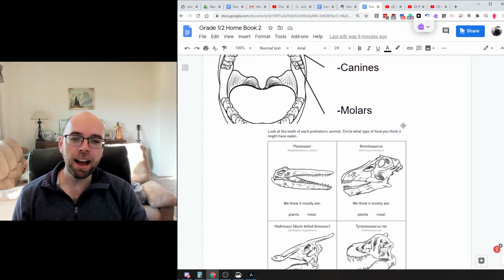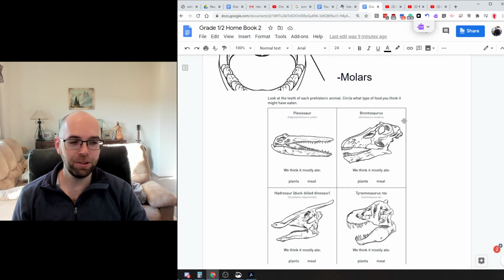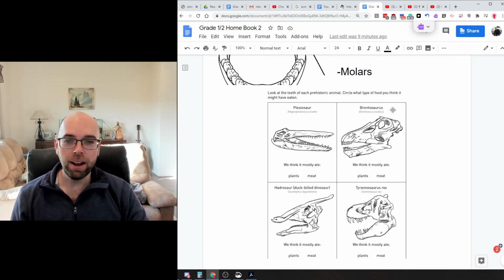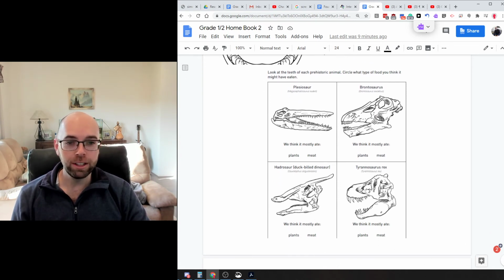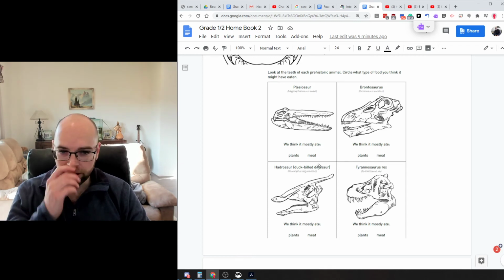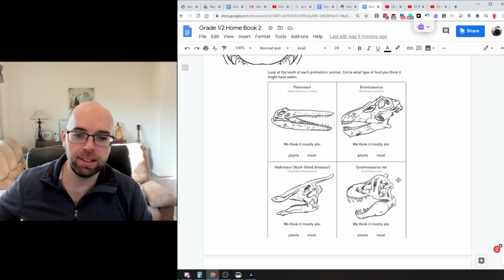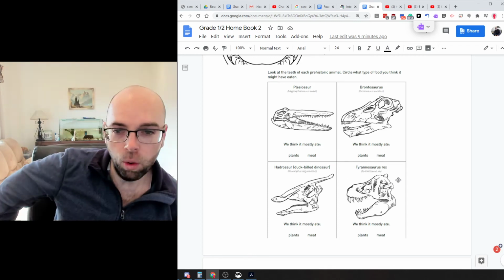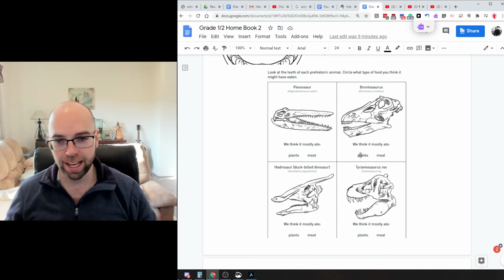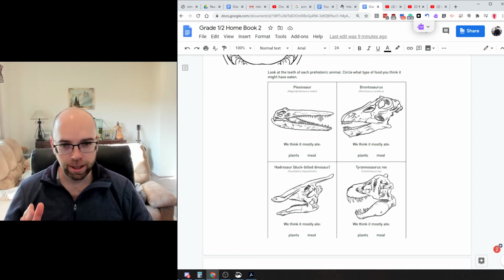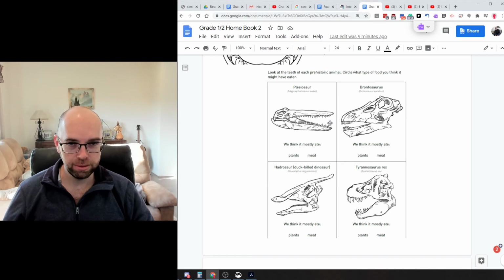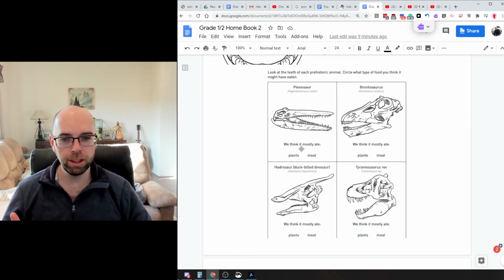Okay? After that, there's a small activity here for you guys. I've got four dinosaur skulls. We've got the plesiosaur, brontosaurus, the hadrosaur, and the Tyrannosaurus rex. Now all I want you to do for this activity is decide, based on this skull, based on these bones, do you think they mostly ate plants or meat?